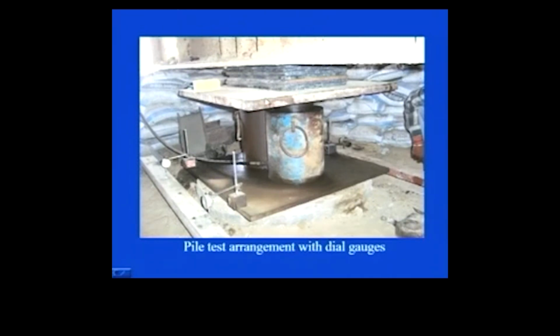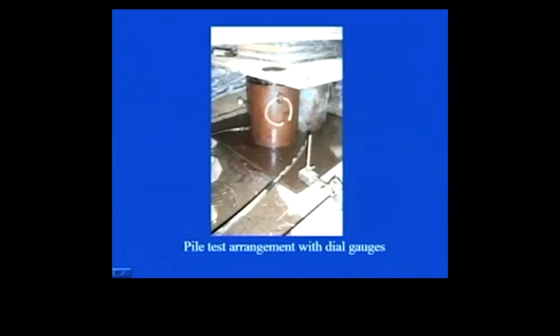And then you can see that another plate is being provided here on top of these 2 hydraulic pumps, just to have uniform pressure distribution. This is another view. You see now this third dial gauge is visible here, while the other 2 are not.